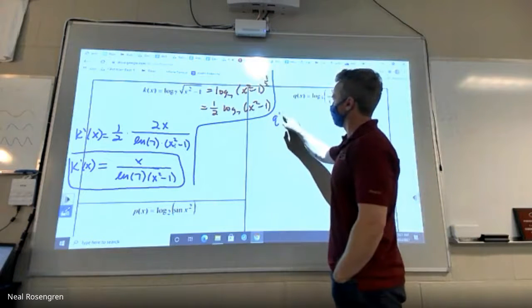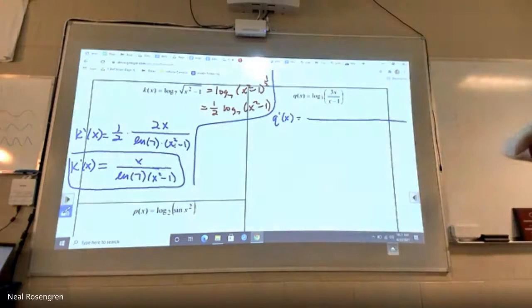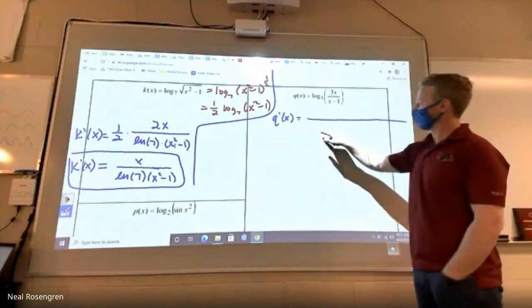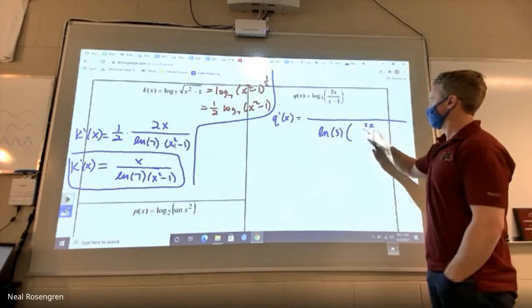Q prime. It's a log, so it's going to be rational. The derivative of the inside goes on top. I'm going to save that here in a second. On the bottom goes the ln of 3 times the original.